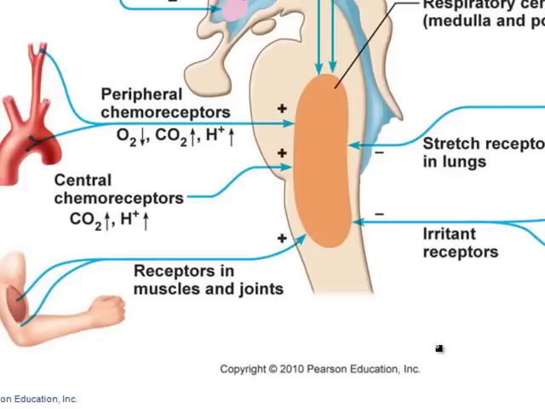Some other cues that they get, some other information that they're going to get are going to be linked to other parts of the body. So neural and chemical influences on brainstem and respiratory centers are going to be coming from stretch receptors in the lung. Example, when I blow up a balloon too much, if I keep blowing it up and I don't stop, what's going to happen to the balloon? It's going to pop. Do we want that to happen here?